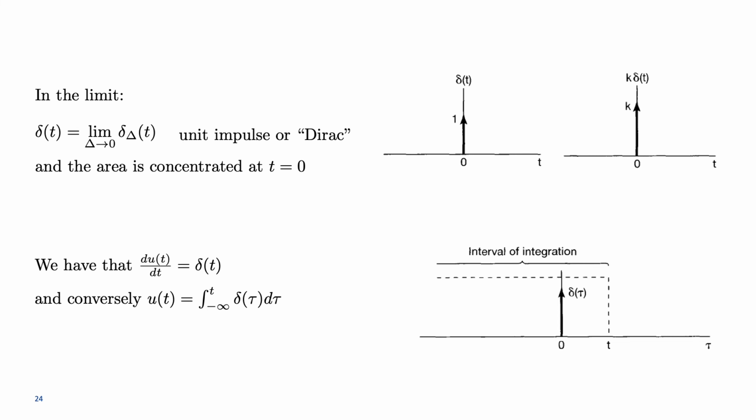If you look at the figure on the bottom right, you see that the integral of delta between minus infinity and t is 1 if t is positive, because in that case the interval of integration includes the impulse, and the impulse has area 1. So you get an integral that is 1. However, if t is negative, then the area of integration does not include the delta, and therefore the integral is 0. So to recap, the integral is 1 for positive time and 0 for negative time, which is exactly u of t.